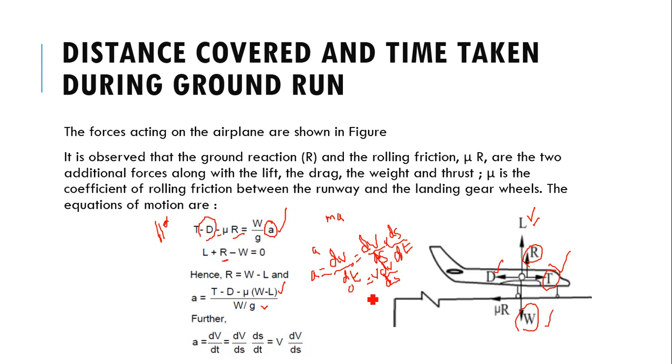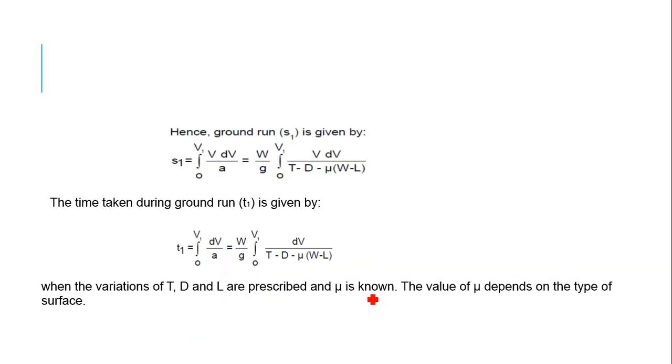From this, since we are calculating distance and time, for the distance we take A equals V dV by ds, so ds equals V dV divided by A. Integrating it, we will get the value S.